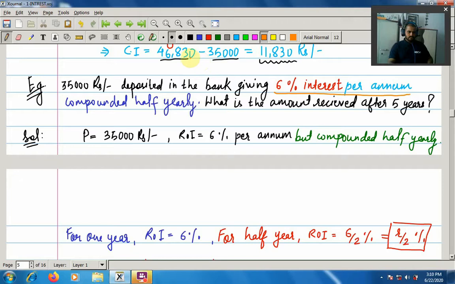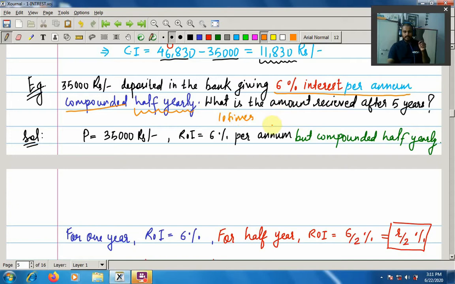So there's a change. 6% per annum compounded not yearly but half yearly. Half yearly means I will be receiving interest twice a year. So every year, 2 times I will get interest. So in 5 years, definitely I will get it 10 times.